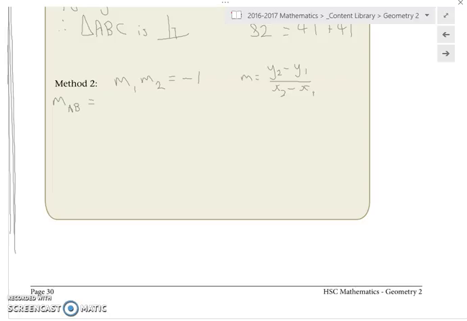I want the points. Minus 1 minus 4 over minus 1 minus 3. Cool. So they're my y2, y1, x2, x1. The gradient equals minus 5 over minus 4, which is the same as 5 over 4.